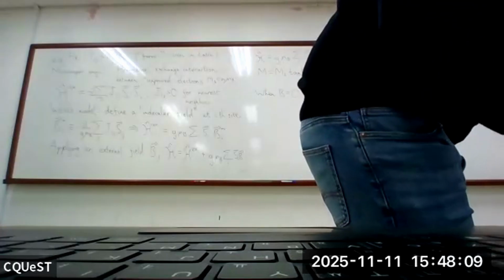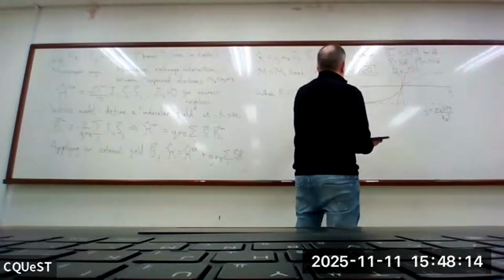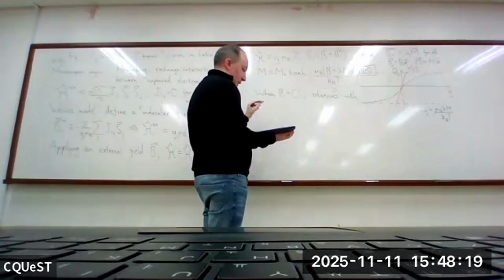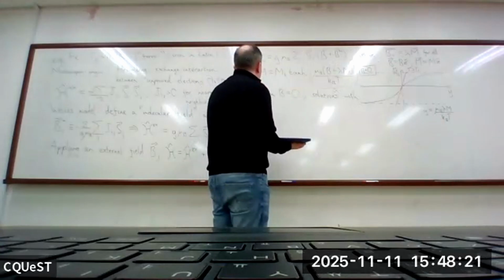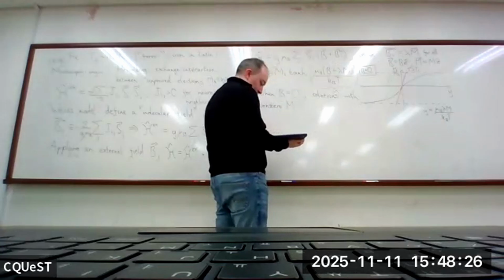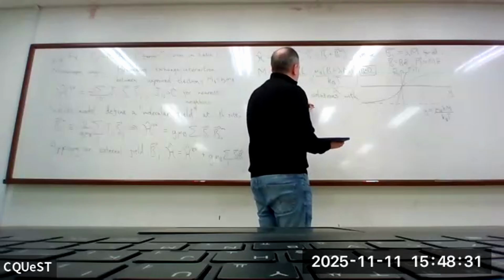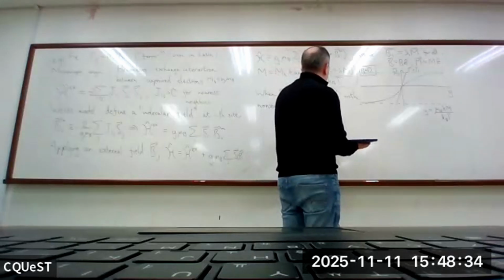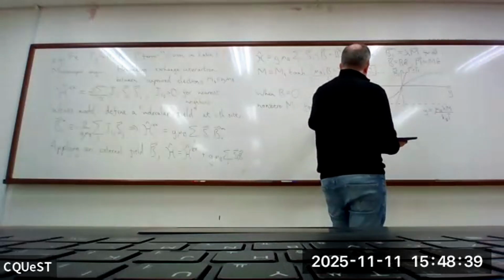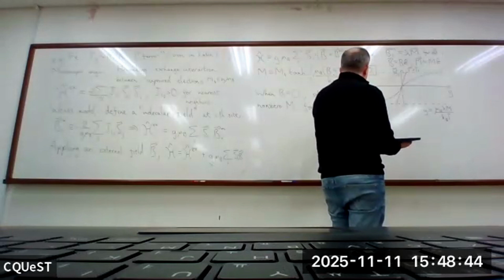Yeah, I forgot to define Tc. Let me do that. The statement is that when B equals 0, solutions with non-zero m are possible for T less than some Tc, which is mu B lambda MS over kB.